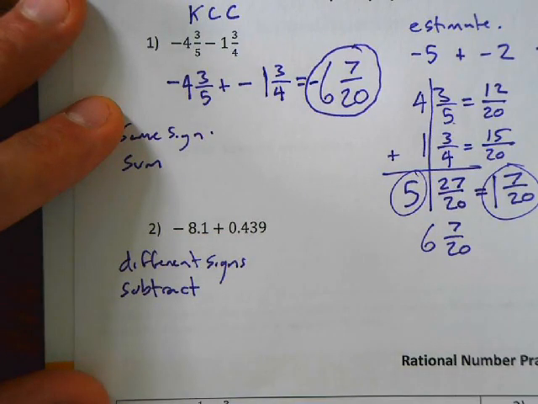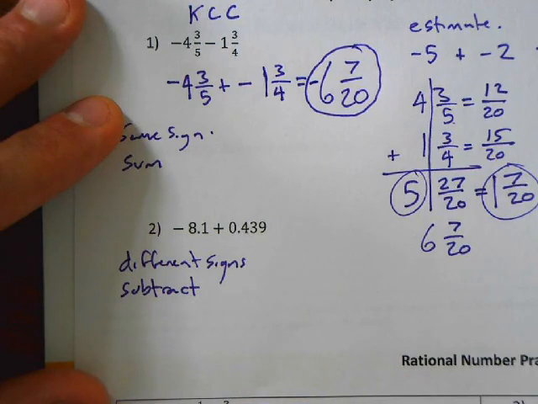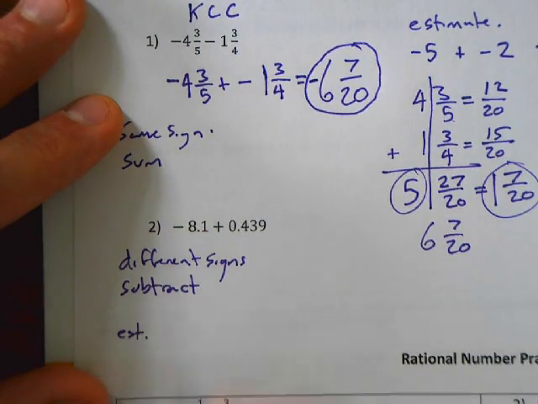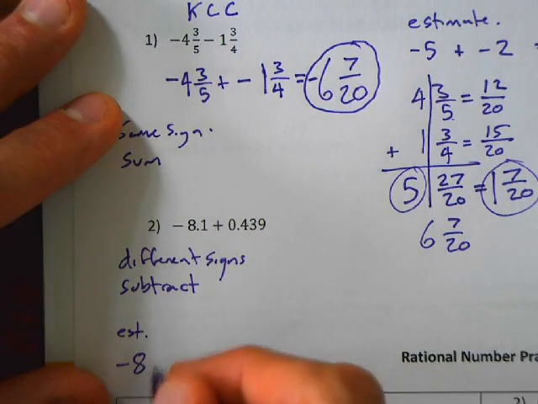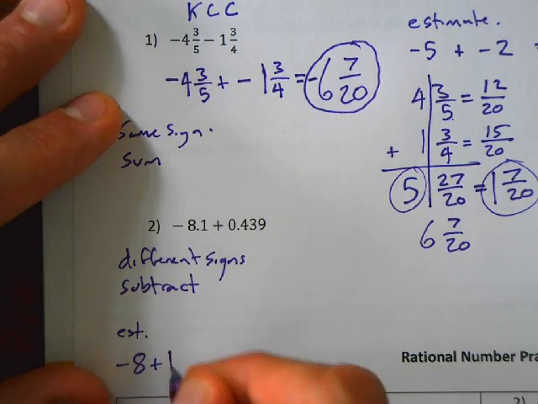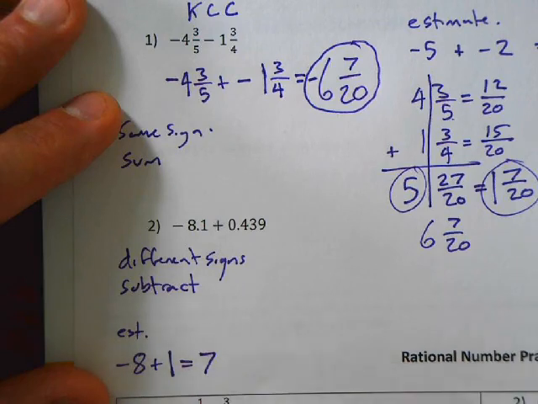And if I look at the numbers, it's going to be -8.1. That's close to -8. And here, I'm going to estimate. And 0.439, well, that's closer to 0, but for the sake of estimating, let's call that 1. And -8 plus 1, well, that's -7. So my final answer should be somewhere around -7.